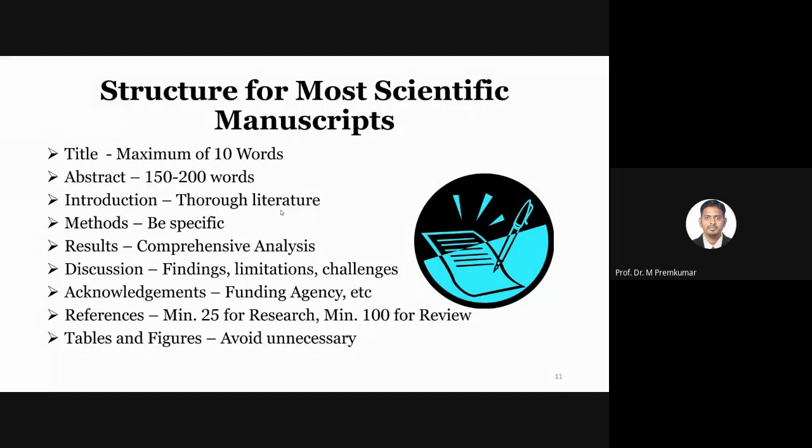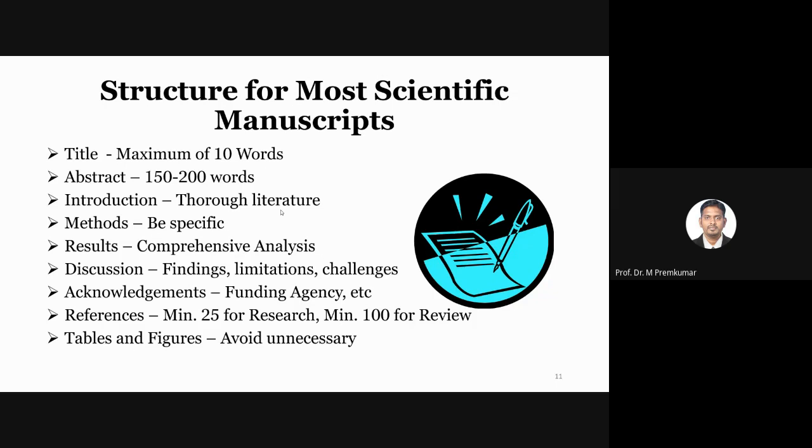The next one is the abstract. As you all know, the abstract is a brief summary of your entire research paper. When you write the abstract, the minimum should be 150 words and the maximum up to 200 words. You summarize the entire paper in 150 to 200 words.